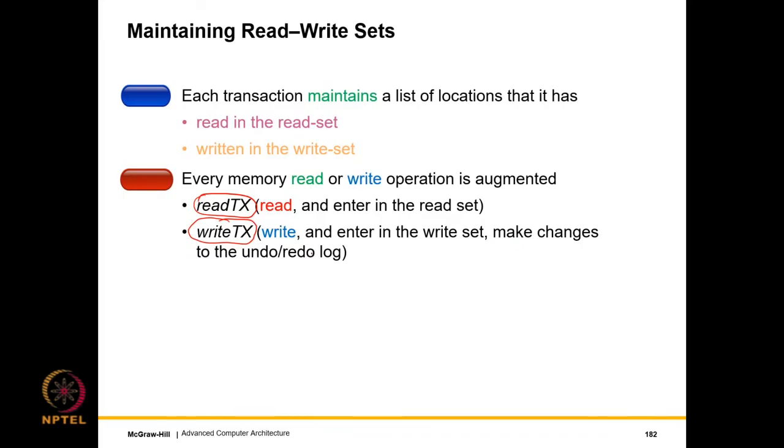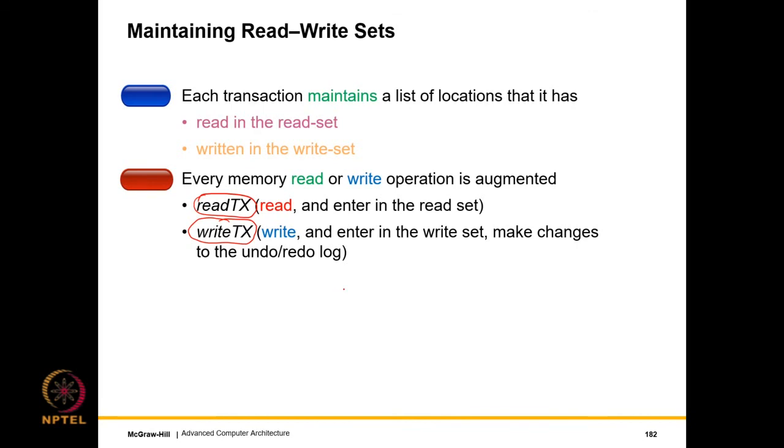So all of this is done automatically within the transaction. The only argument that we actually send in the read is the address, and the rest is all done internally. Similarly, the only arguments that are sent to the write_tx function by the program are the address that needs to be written and the value.